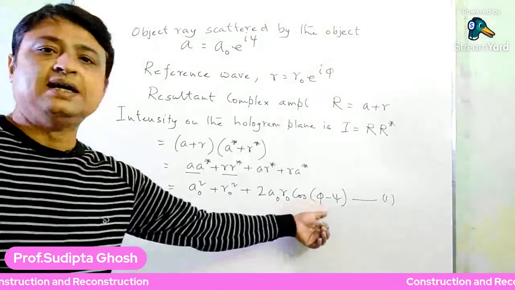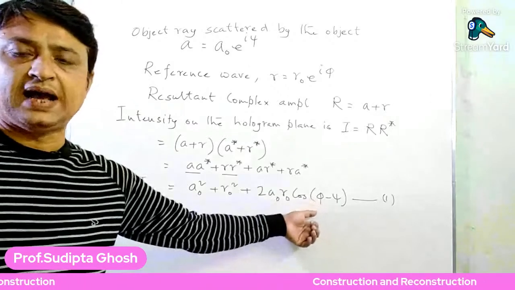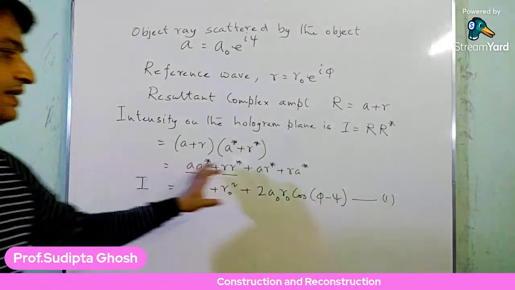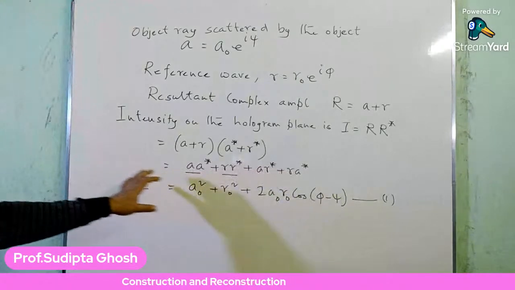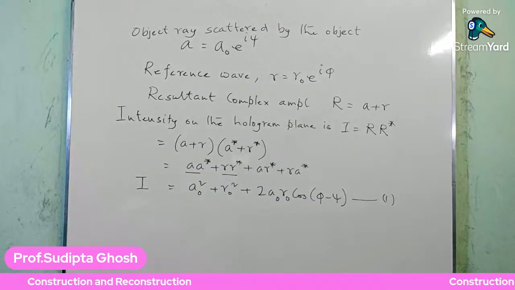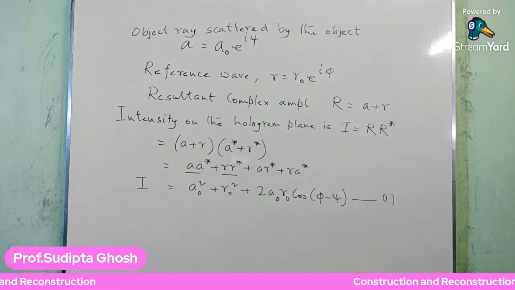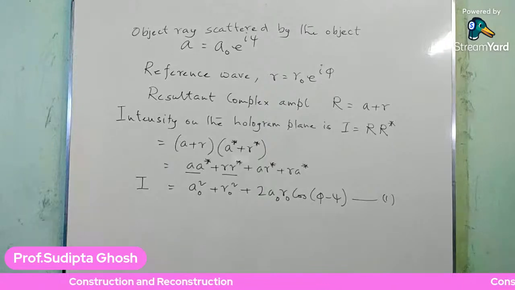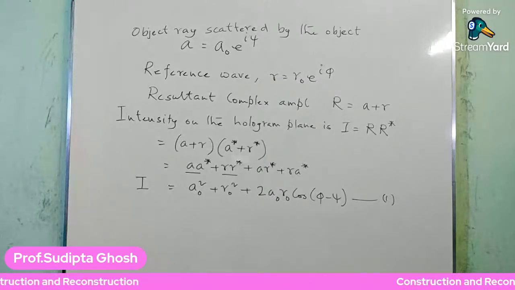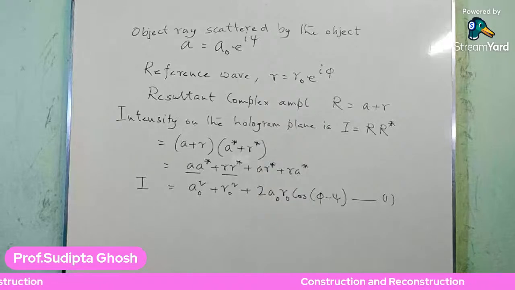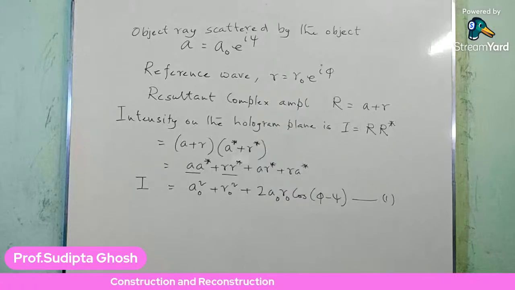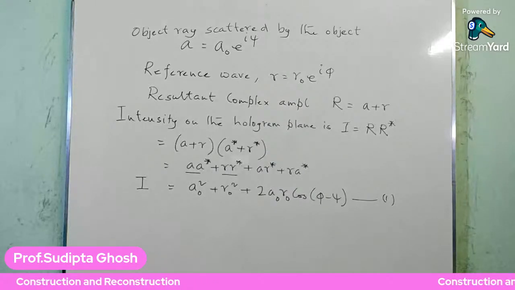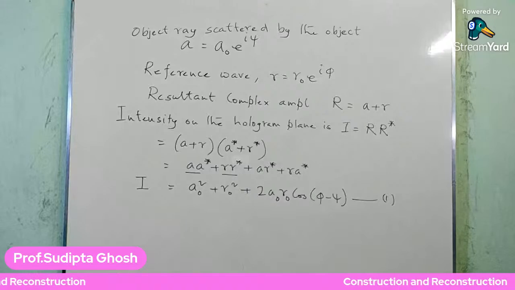So the resultant intensity thus carries both the intensity distribution as well as the phase relationship.